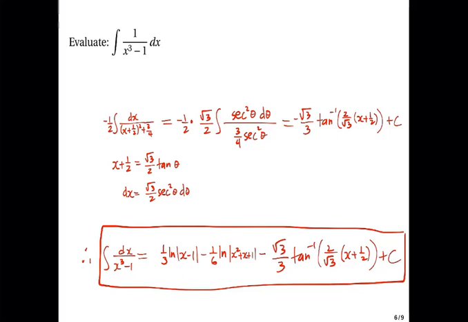But what is 1 minus cosine squared? That's sine squared of x. And then here we divide by 4.